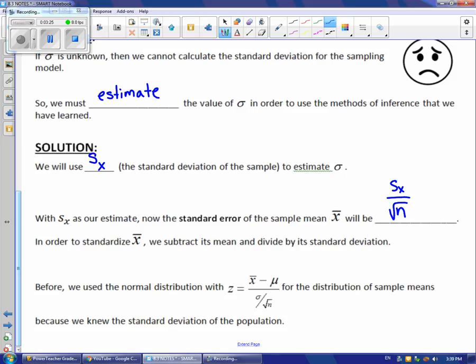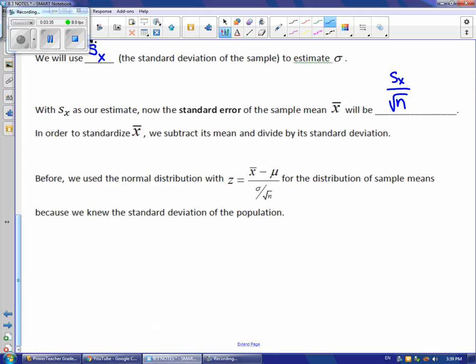Notice it's very similar to the formula we had in Chapter 7 for the sampling distribution of sample means. Before, we used the normal distribution with z equals your statistic minus your parameter over your standard deviation for your statistic for the distribution of sample means, because we knew the standard deviation of the population.